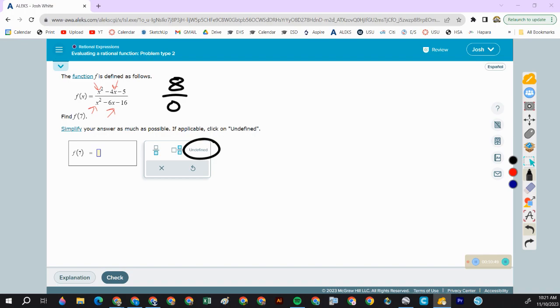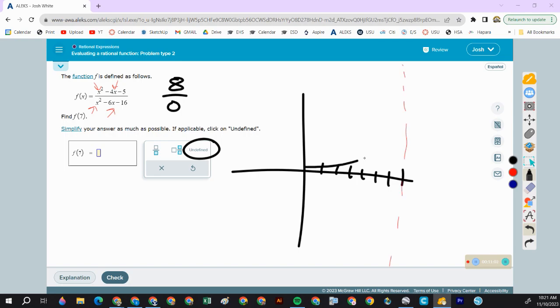Is 7 divided by 0 actually infinity? No. The graph would look like this. So here's 7, and the graph would look like this. So is there a point on that graph 7, infinity?